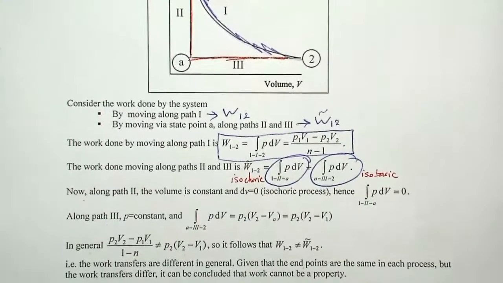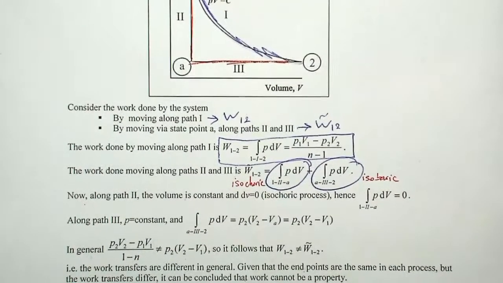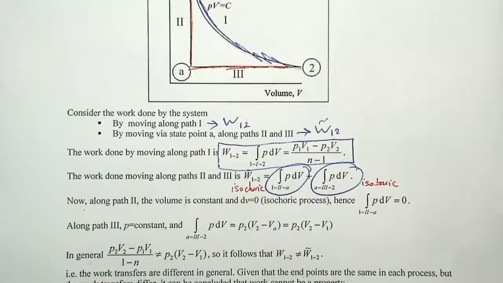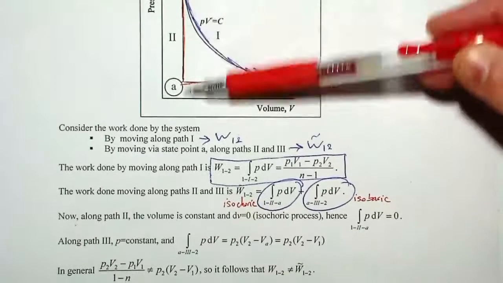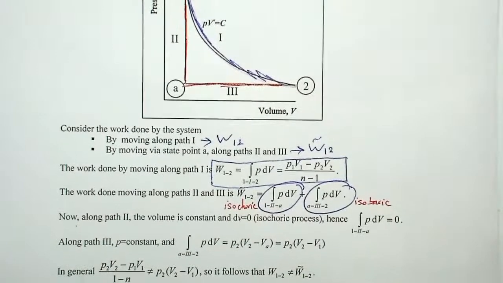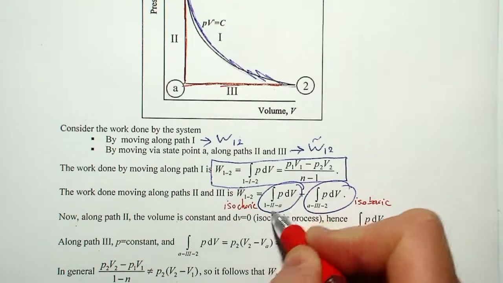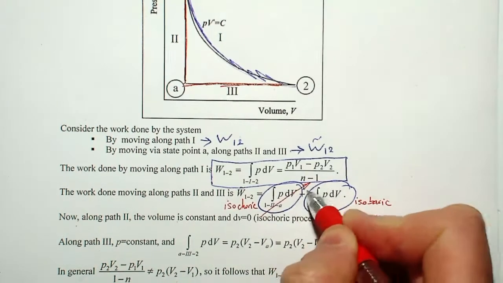Now, that is quite obvious, actually: along path 2, when your volume is constant and not changing, then dV has to be equal to 0, which means this term will be 0.